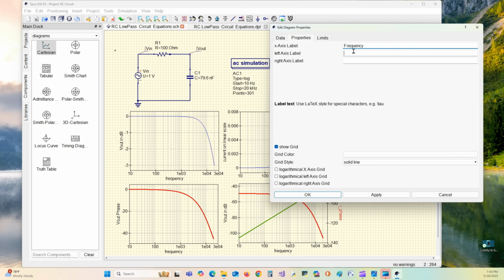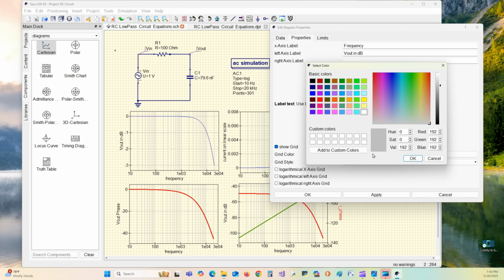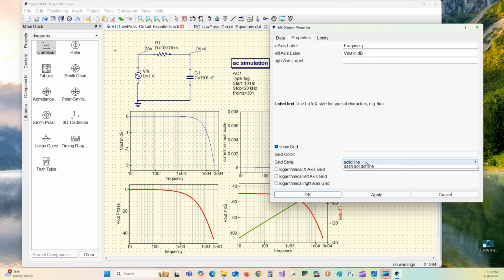The y is V out in dB. The color is red. Oh, let's see. We'll just keep that normal. The style is solid. We're doing a logarithmic x-axis only. And then we say we want to show the grid, and we hit apply.